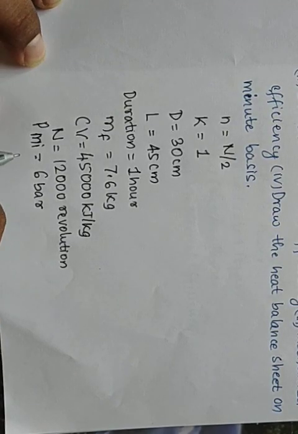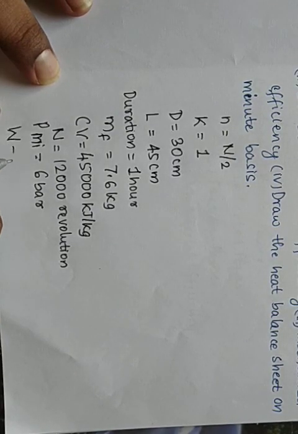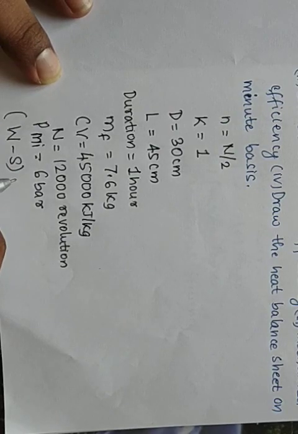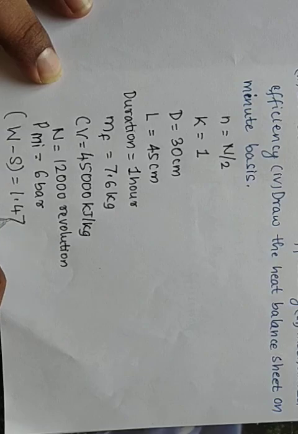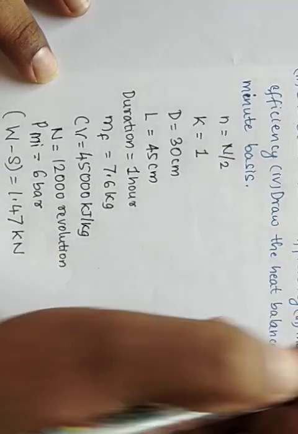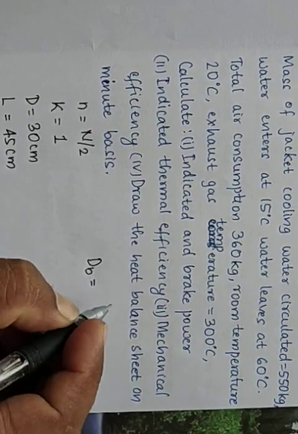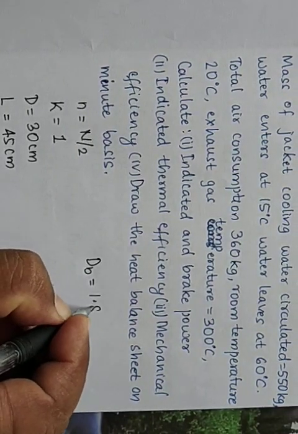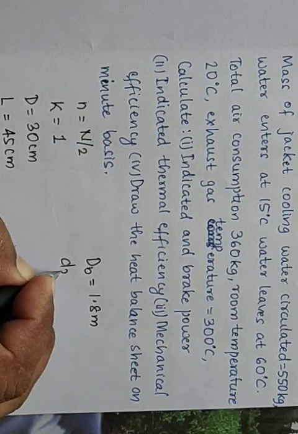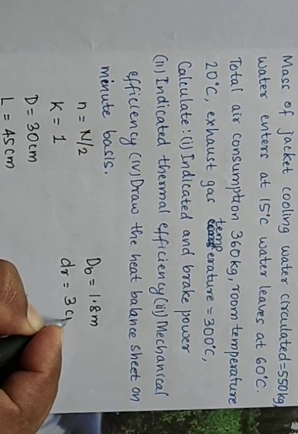Then net brake load, that is W minus S, is 1.47 kilonewton. Then brake drum, that is dB is 1.8 meters, dr is 3 centimeters.